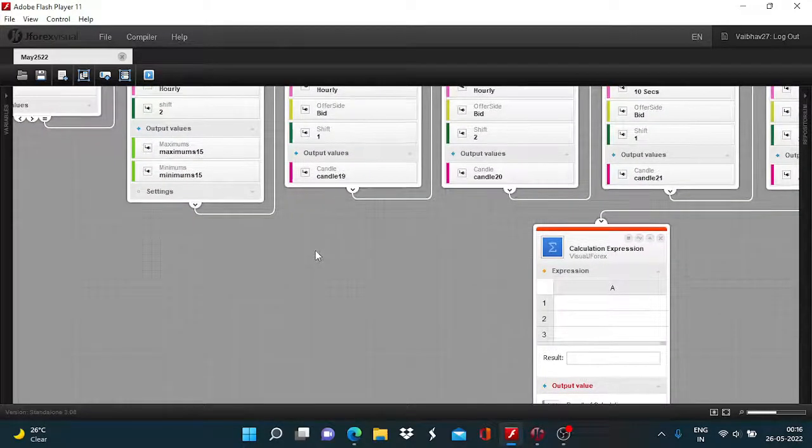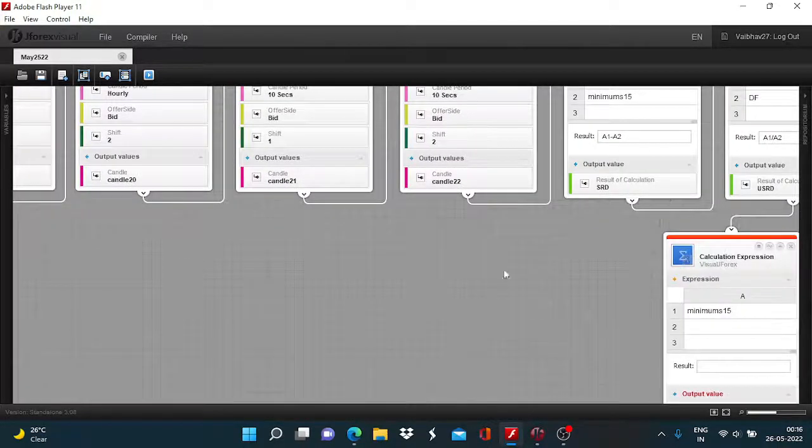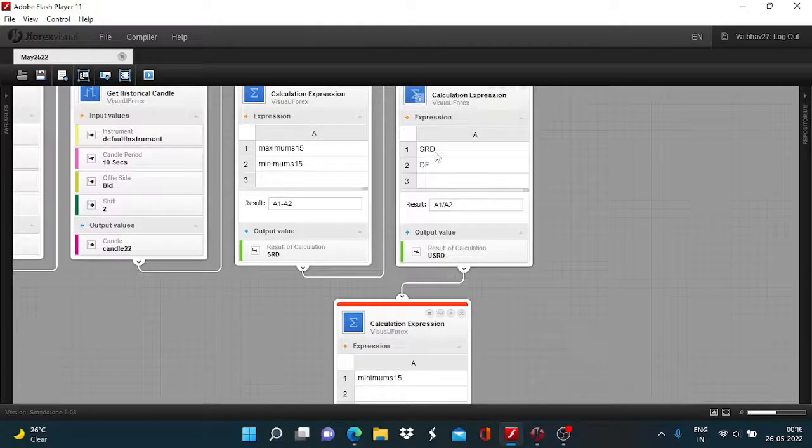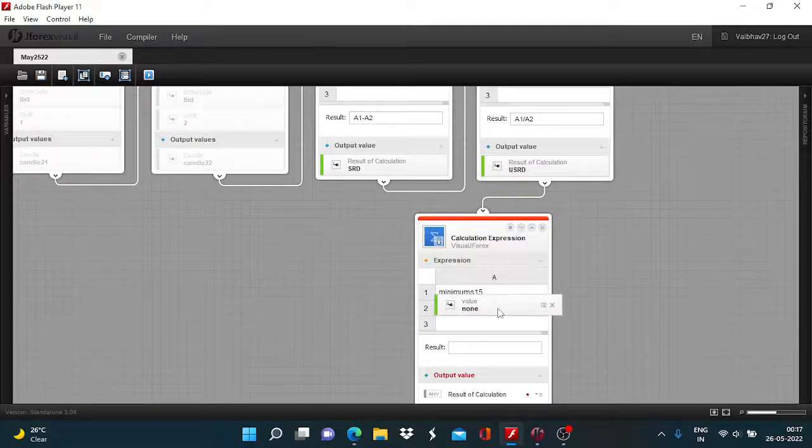So I am going to take this minimum value, and to it we add this variable which we had created in the last session. So this is going to be a1 plus a2.